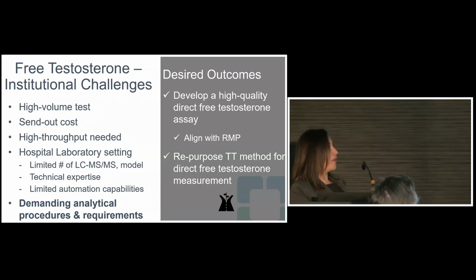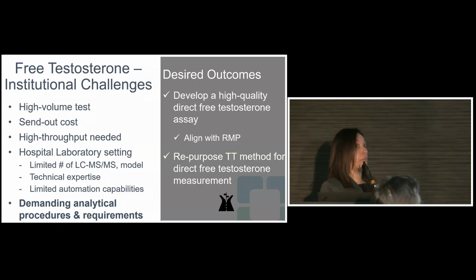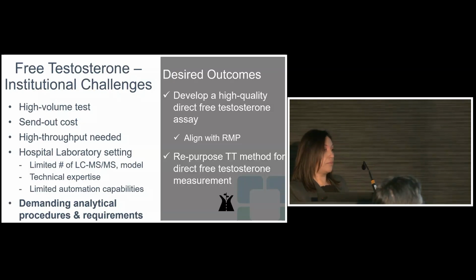So our asks for this assay are very similar to the asks for the total testosterone assay in terms of the volume and the throughput, with added layers of, now we're talking about picogram concentrations and demanding analytical sample requirements.